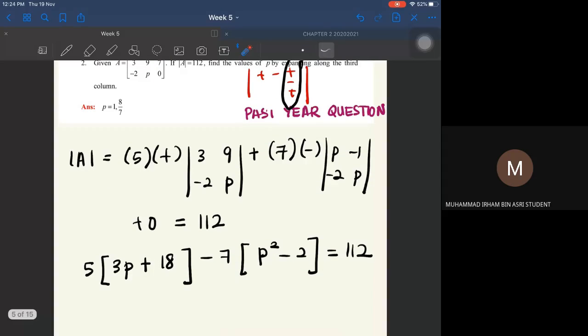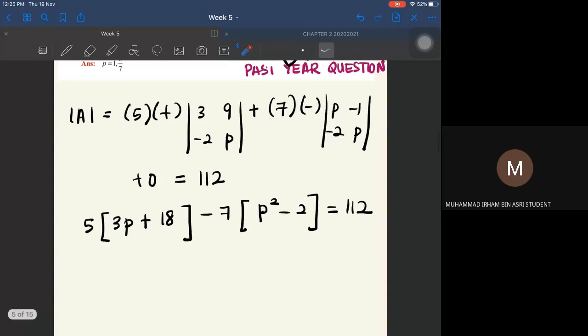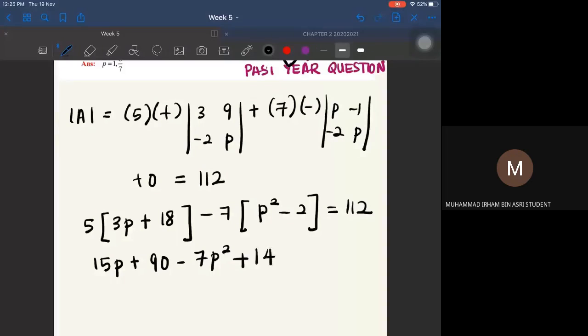So same goes for this one. P darab P akan dapat P squared, tolak. So negative 2, negative 1 you will have 2. So dia akan jadi P squared tolak 2. Okay. So if you expand this one, you will have 15P plus, so 18 darab 5, awak akan dapat 90. Tolak 7P squared tambah 14 sama dengan 112.